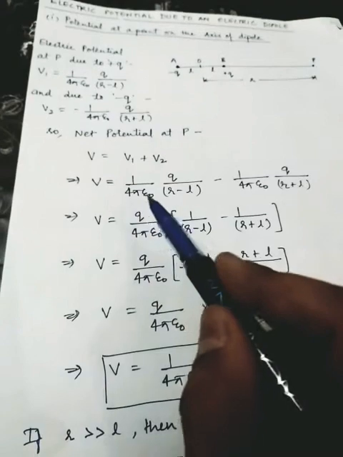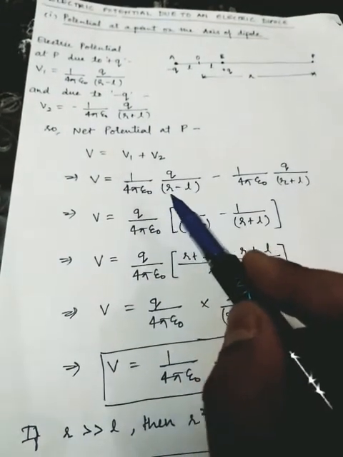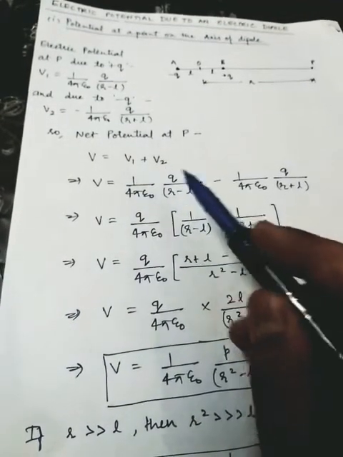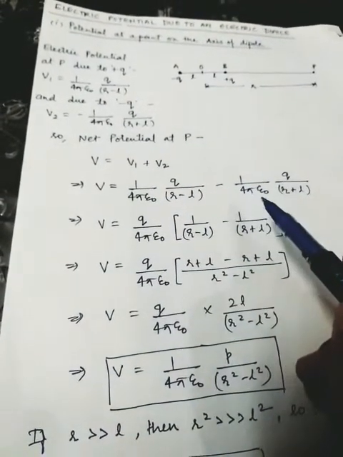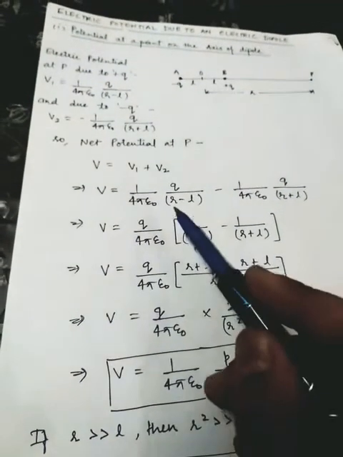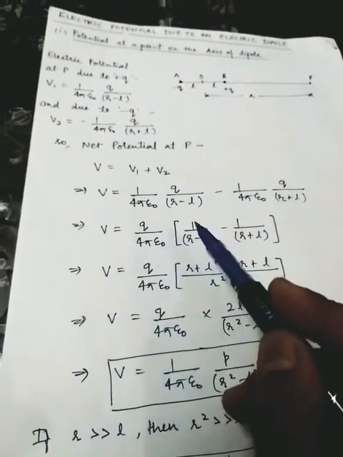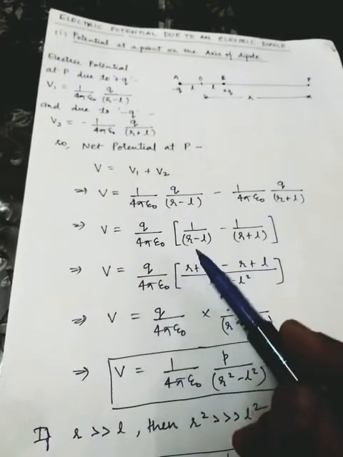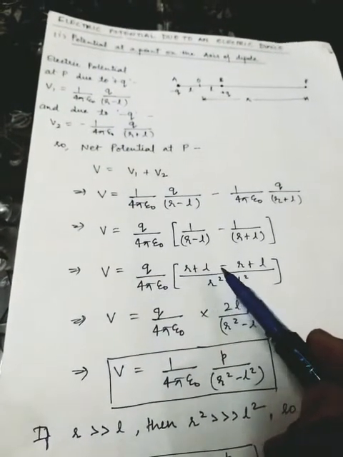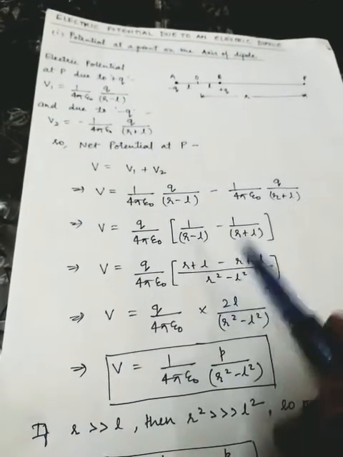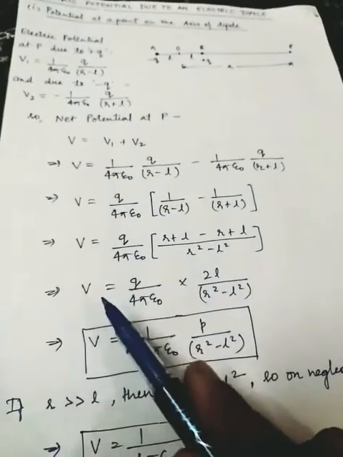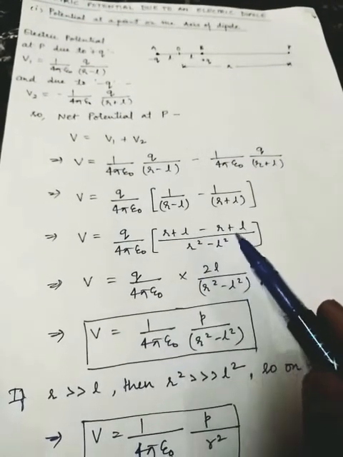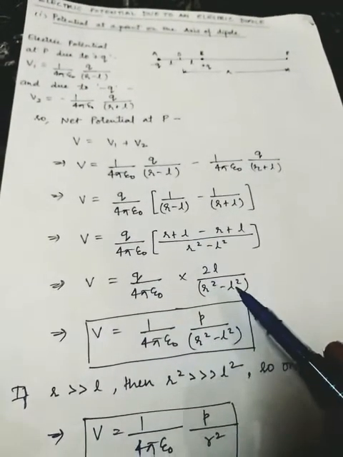V is equal to 1 upon 4 pi epsilon naught Q upon R minus L, minus, actually we are doing the sum but V2 is negative, that's why minus 1 upon 4 pi epsilon naught Q upon R plus L. Taking Q upon 4 pi epsilon naught as common, 1 upon R minus L minus 1 upon R plus L. Again in next line, taking LCM, R plus L minus R plus L upon R square minus L square. V is equal to Q upon 4 pi epsilon naught into R cancel, L plus L, 2L upon R square minus L square.